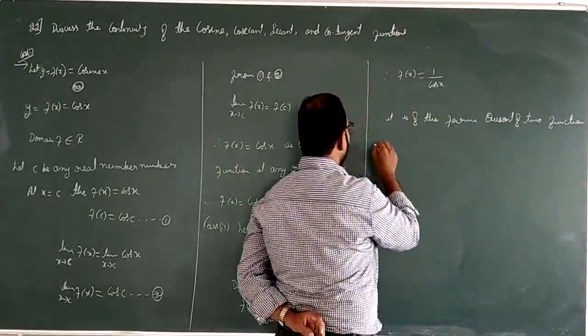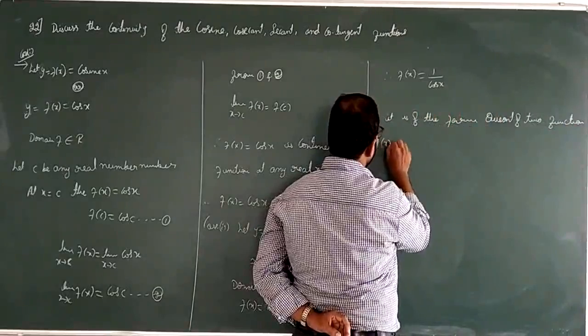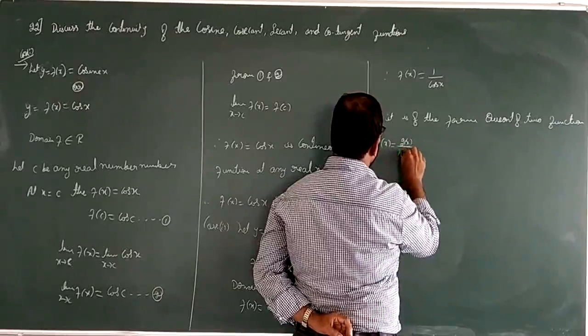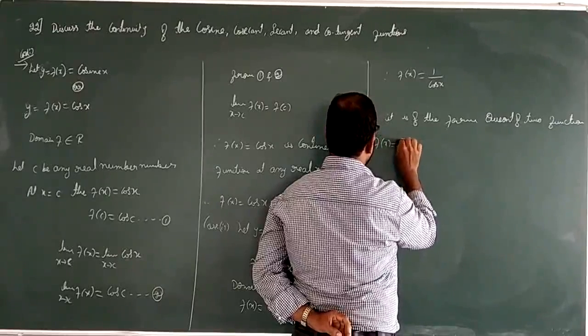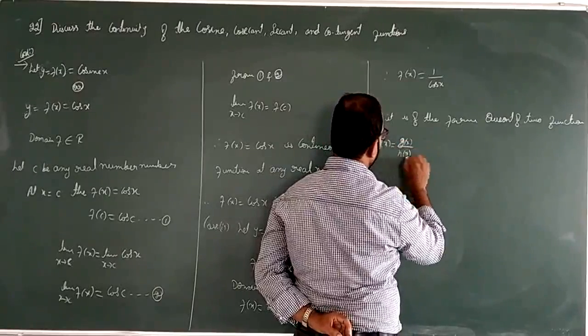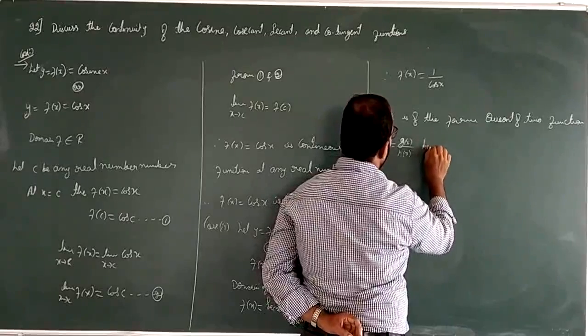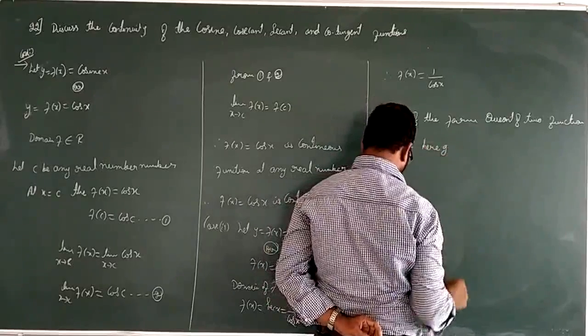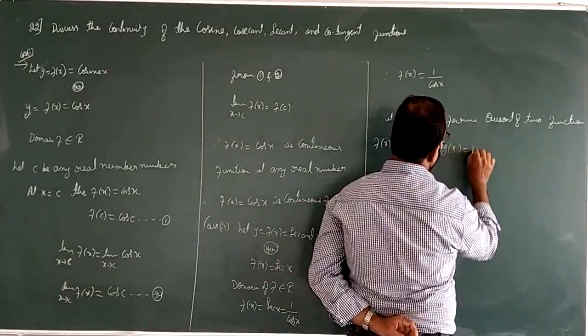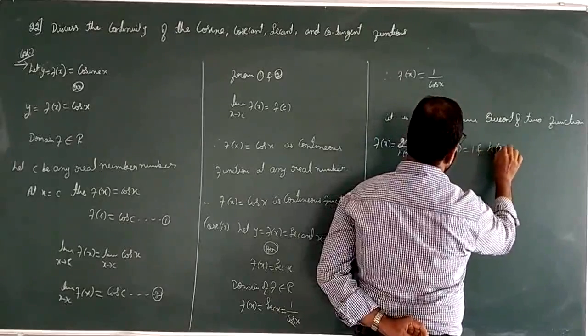Here f of x is equal to g of x divided by h of x, where g of x is equal to 1 and h of x is equal to cos x.